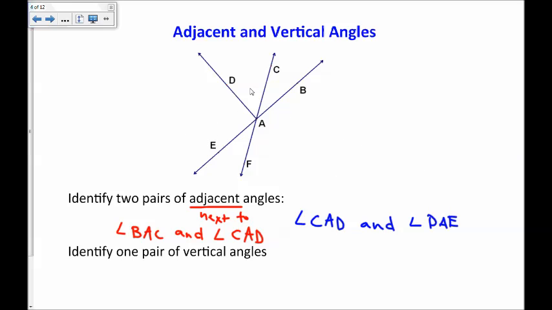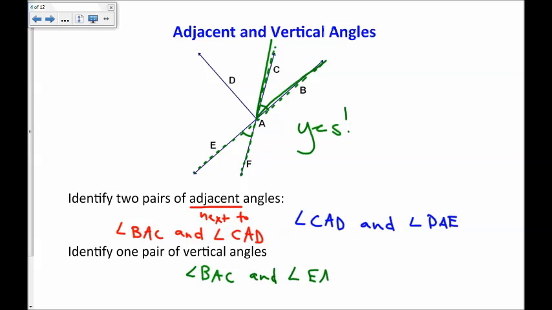The vertical angles are right here because this is a straight line and this is a straight line. So these are vertical angles. So angle BAC and angle EAF are vertical angles.